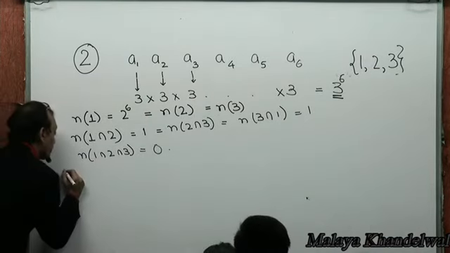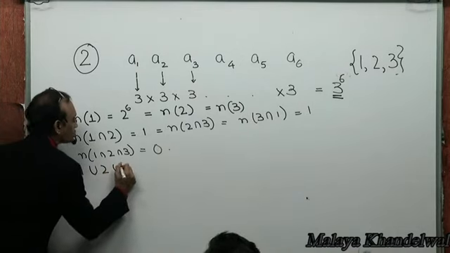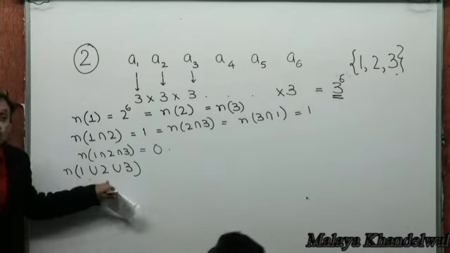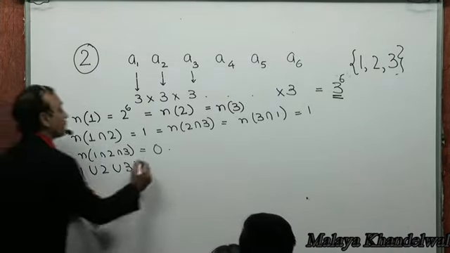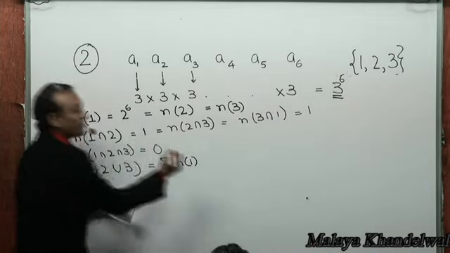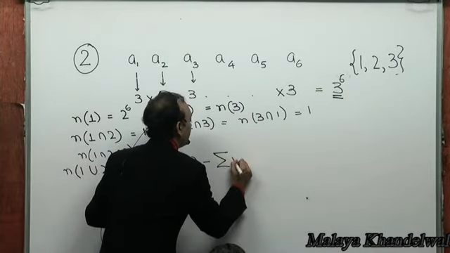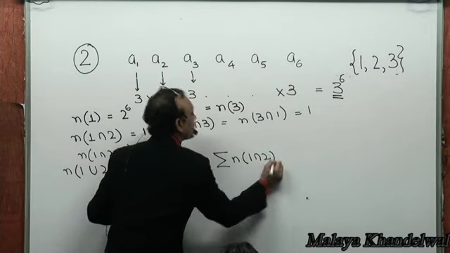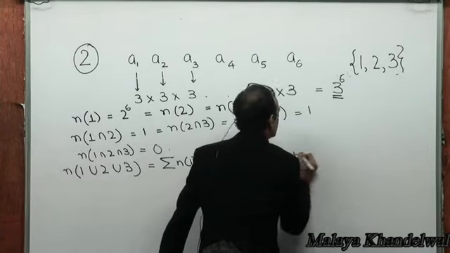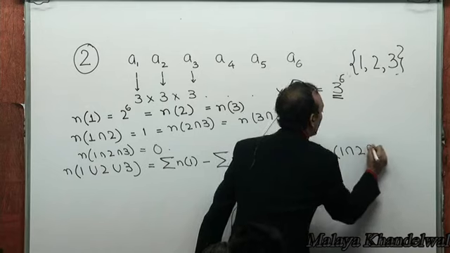Right? So the number of these numbers that don't contain 1 or 2 or 3, from the principle of inclusion and exclusion, would be summation n1, which means n1 plus n2 plus n3, minus summation n1 and 2, that means 1 and 2, 2 and 3, 3 and 1, and then plus summation n 1 and 2 and 3.